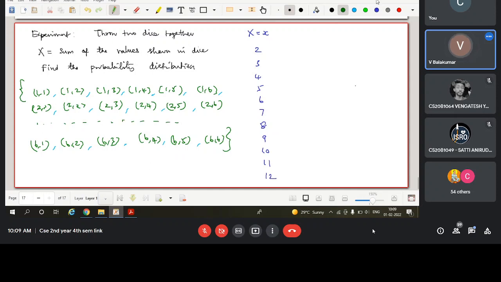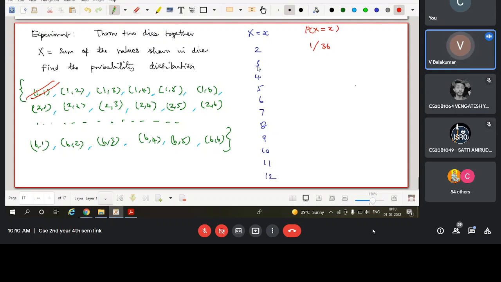Now, among these, only this first entry will give you summation 2. So the probability for that particular value is, out of 36, only one possibility is favorable to get the summation 2.